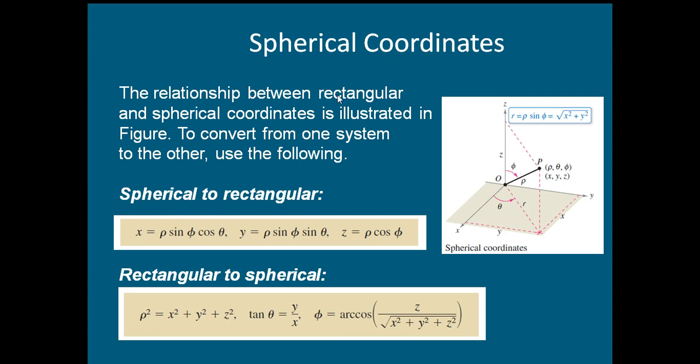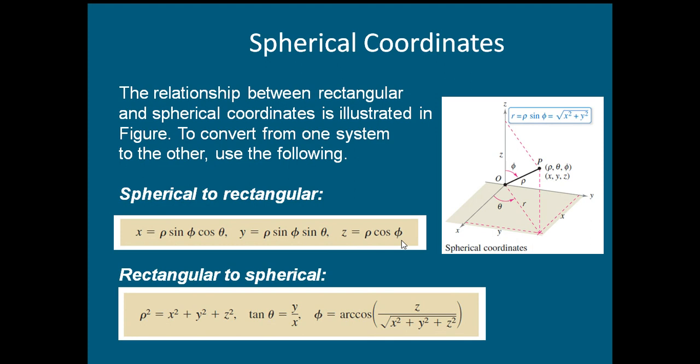The relationship between rectangular and spherical coordinates is illustrated in this figure. To convert from one system to another, we use the following formulas, the way we had done for cylindrical coordinates. It is a little complicated. x is equal to rho sine phi cos theta, y is equal to rho sine phi sine theta, and z is equal to rho cos phi.